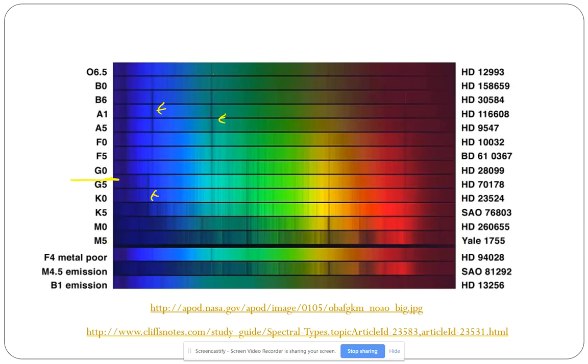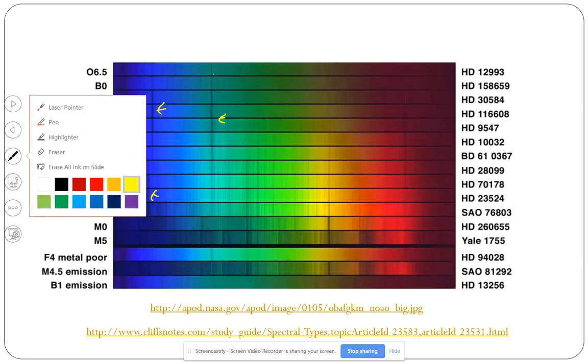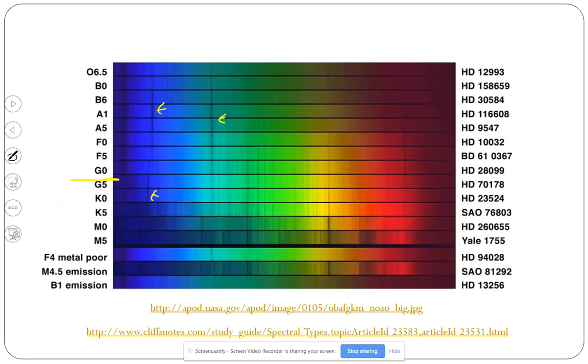Then we come on down to the bottom of the M's, and then we have one that says F for metal poor. Here's something to boggle the mind. When I say metal, what comes to your mind? Steel. It's a very common thing, right? Because iron is the most common of our metals.